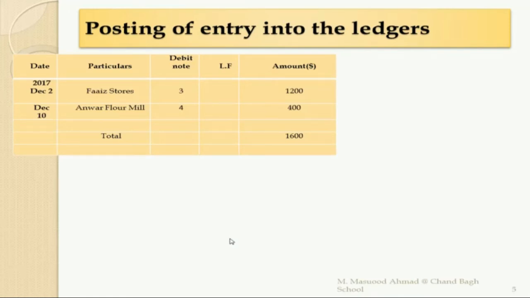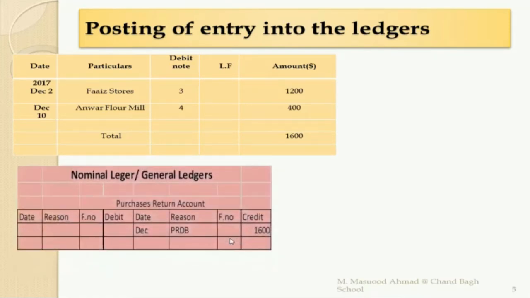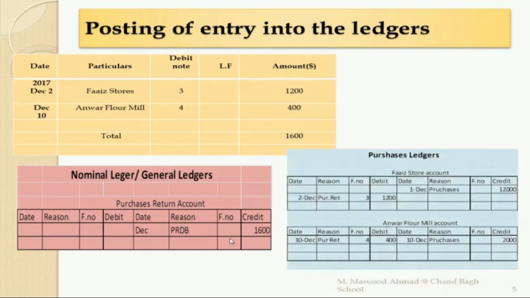The total will go to your nominal ledger, that is the Purchase Return account, and the individual entries of 1200 and 400 will go to the purchase ledger accounts, that is the creditors' accounts.